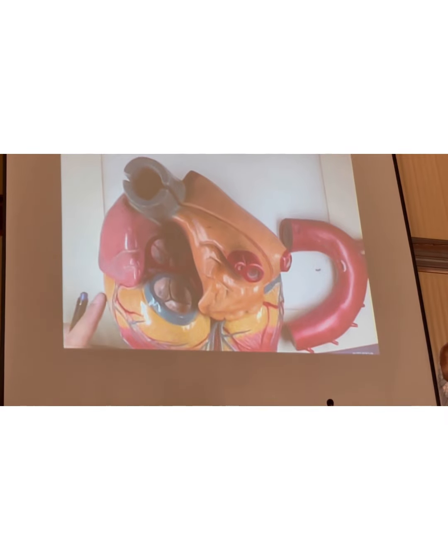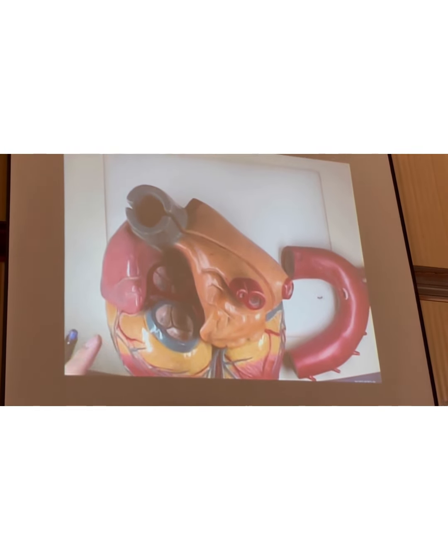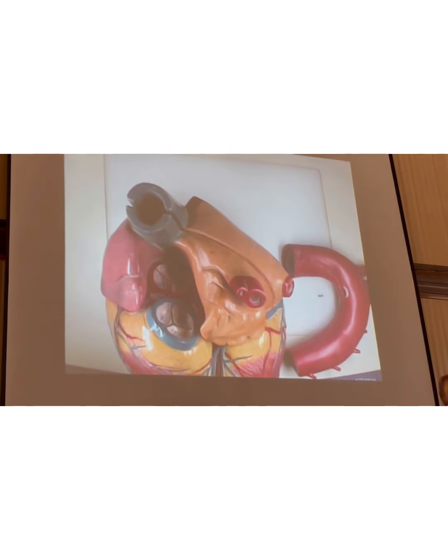It will color the coronary circulation, the branches of the coronary artery.